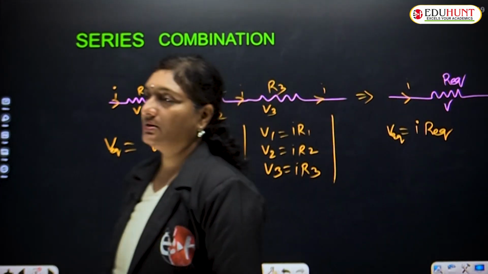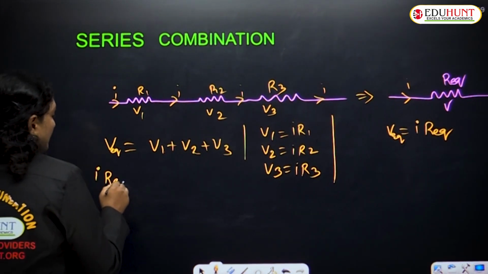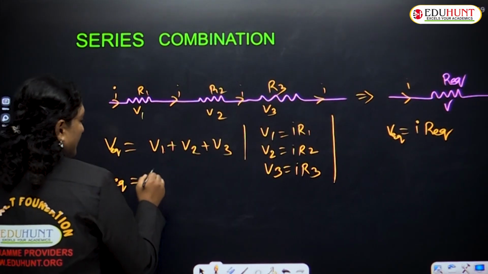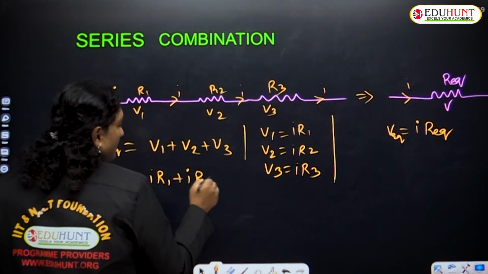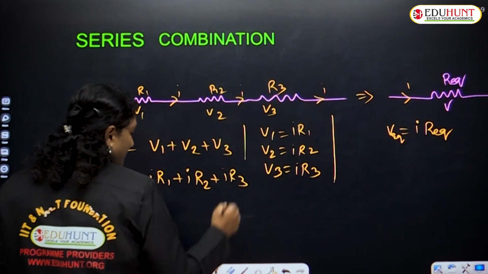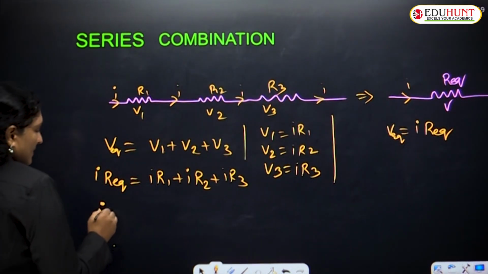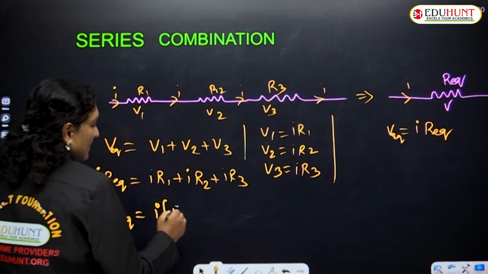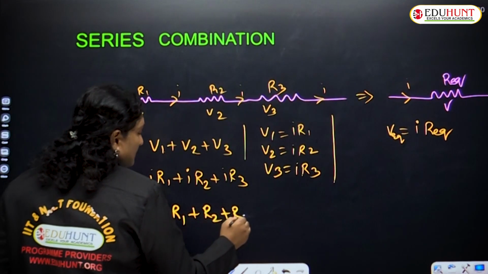So substituting this value here, I R equivalent is equal to IR1 plus IR2 plus IR3. Okay. So what is common, children? I times R equivalent is equal to, when I is taken common, I times R1 plus R2 plus R3.